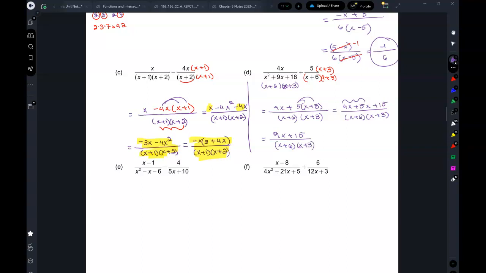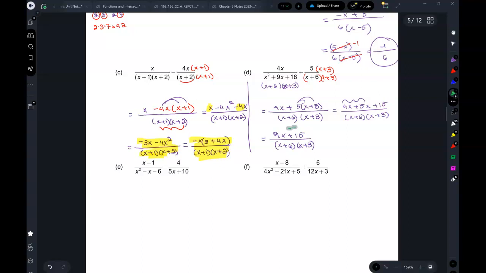Okay, so now you ask yourself, wait, is there anything I need to factor out? Well, let's see. If I factor out a 3 from the top, I get 3 times 3x plus 5. In doing that, am I going to cancel anything from the numerator with anything from the denominator? I'm not. So I actually don't need to do that.